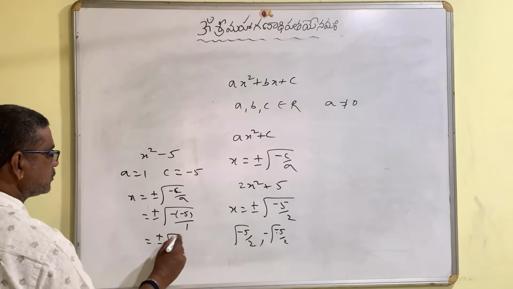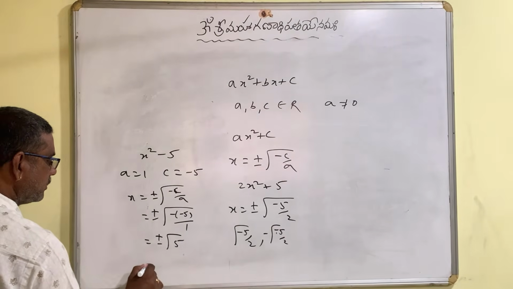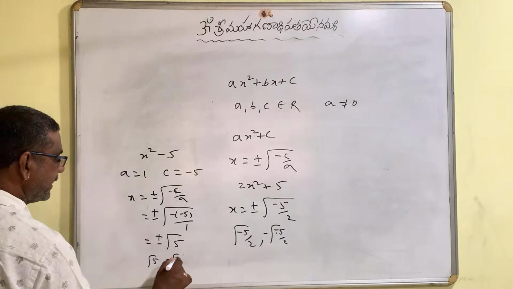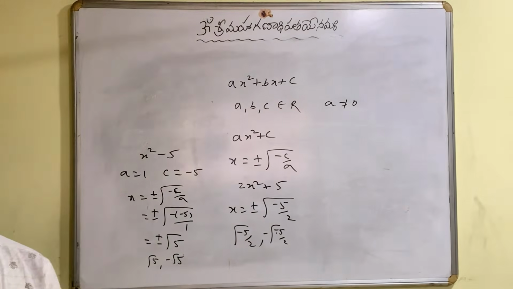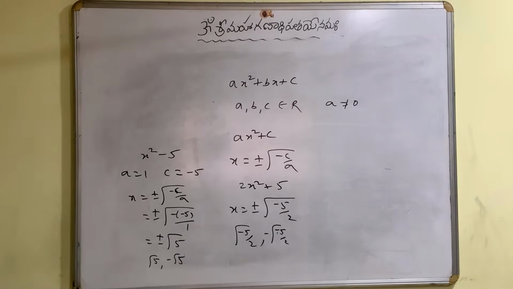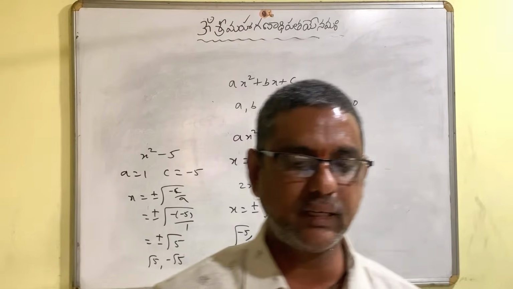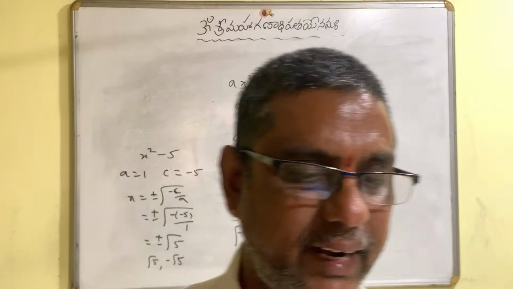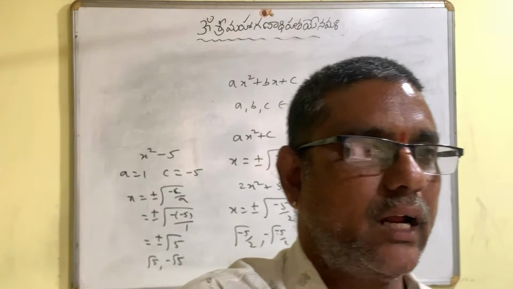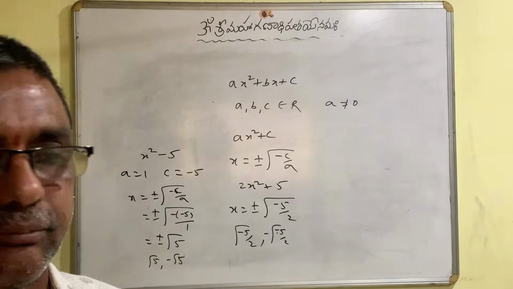So plus or minus root over 5. So the zeros are root 5 comma minus root 5. Understood? This is how, for the three different forms, we can find the zeros of the given quadratic polynomial.